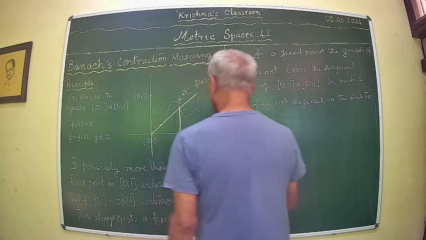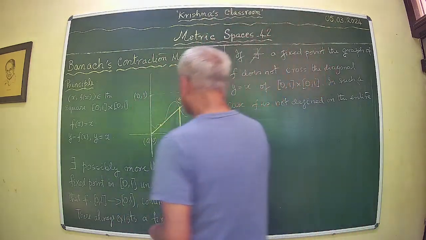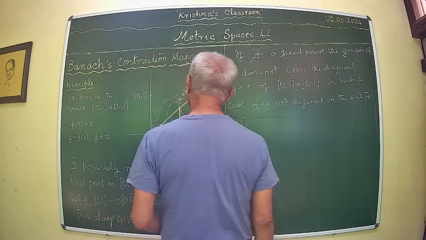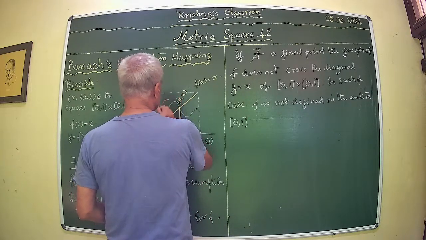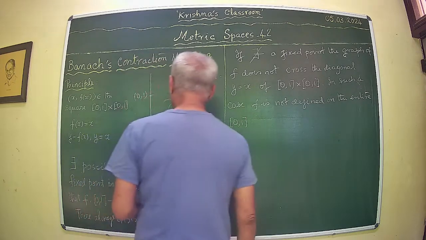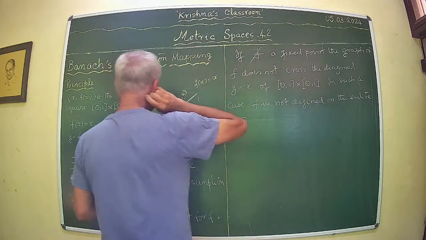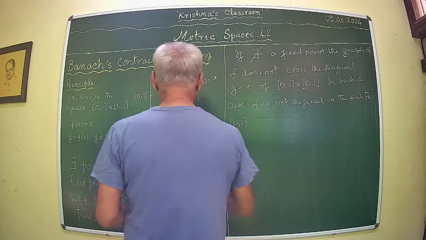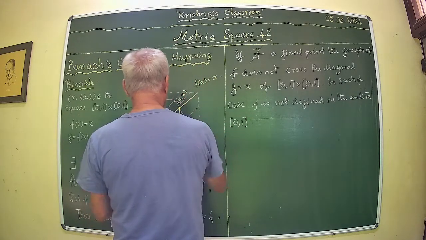That is obvious, because suppose the graph lies only here. Then what happens? You see that this won't be defined on the entire interval.